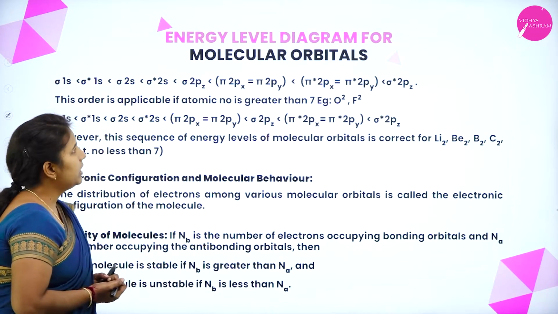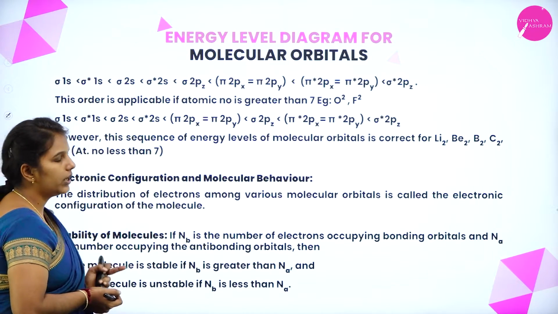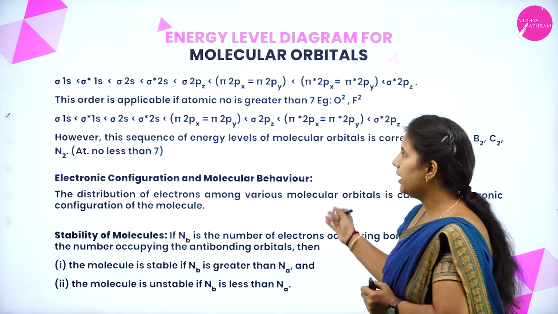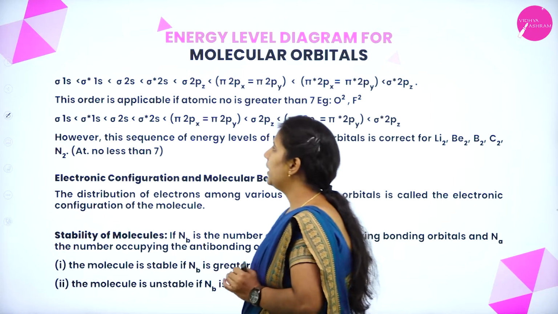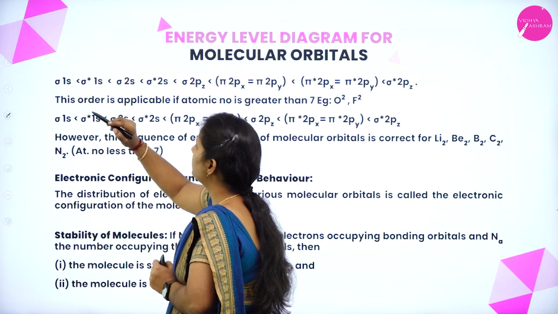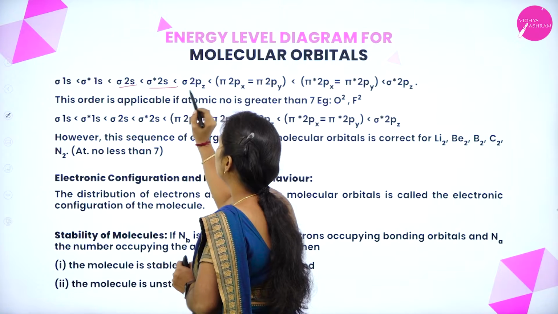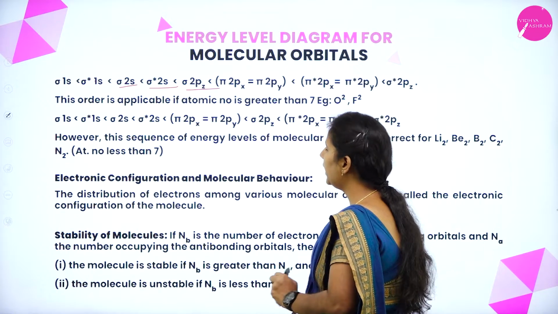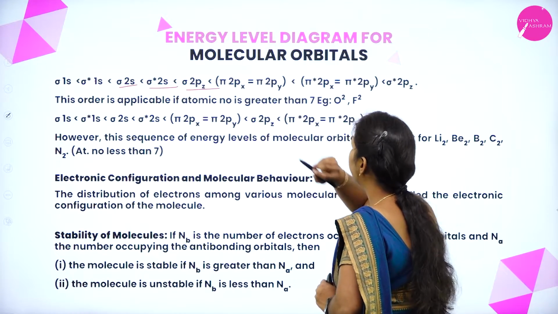Okay, so now let us see the energy level diagram for molecular orbitals. How do we represent the energy level diagram? Here I have listed out the energy level diagram. It starts with sigma 1s, which is less than sigma star 1s, then sigma 2s, sigma star 2s, then sigma 2px, which is greater than pi 2px, which is equal to pi 2py.